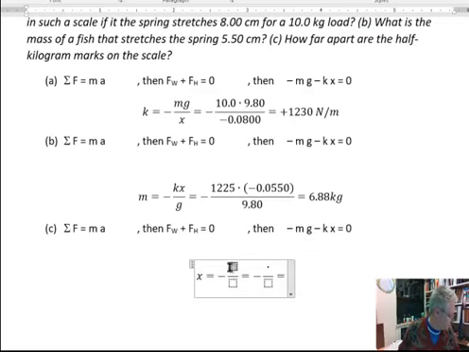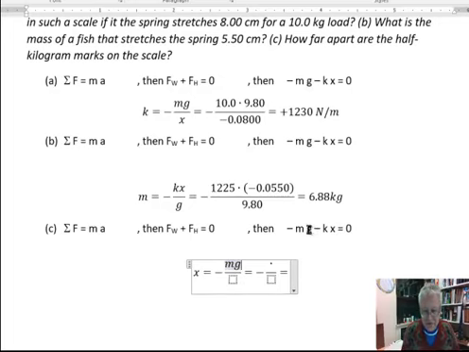So here's the distance by which it would stretch. I'm going to get the mg to the other side. That gets rid of the negative, but then I have to multiply with this negative, or divide by it, that's the one in the front here. And then I'm going to divide by k. So there we go.